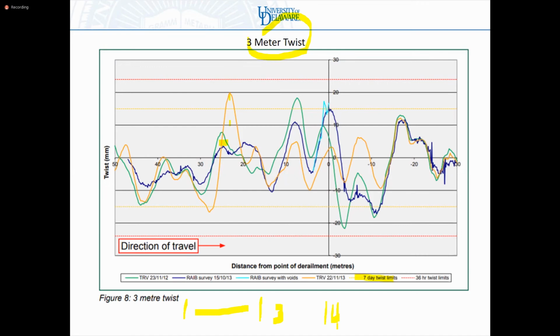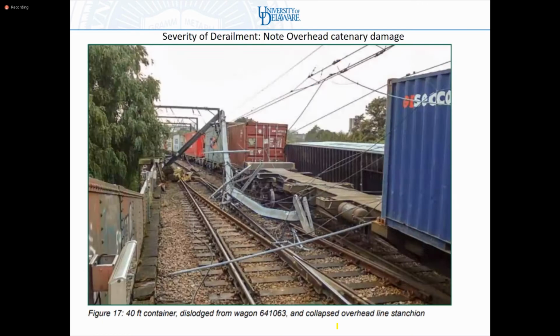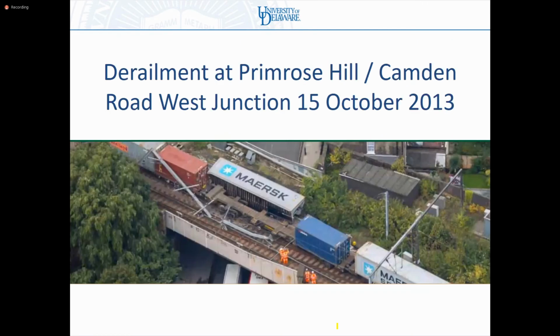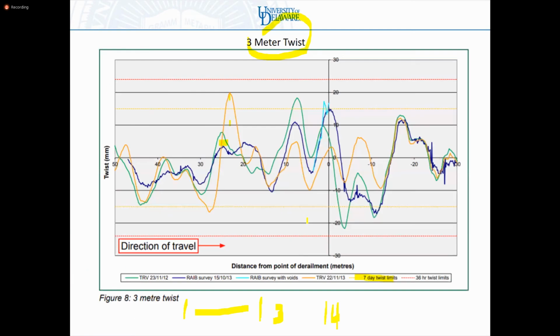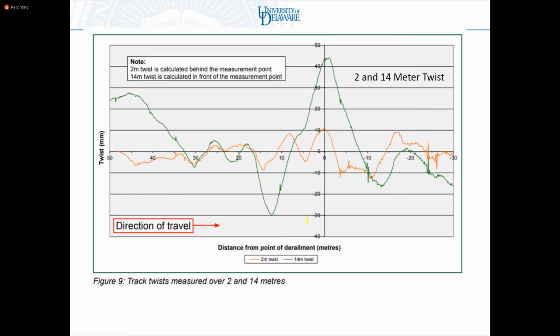So what's interesting about 14 meters is that it is roughly the bogie spacing on a flat car. So again, we might be in a situation where we're generating dynamic excitation, just like we talked about before.